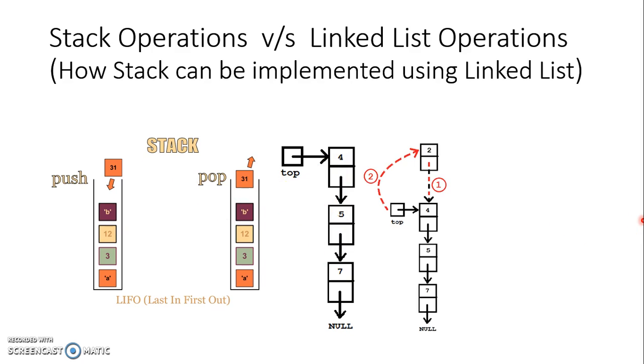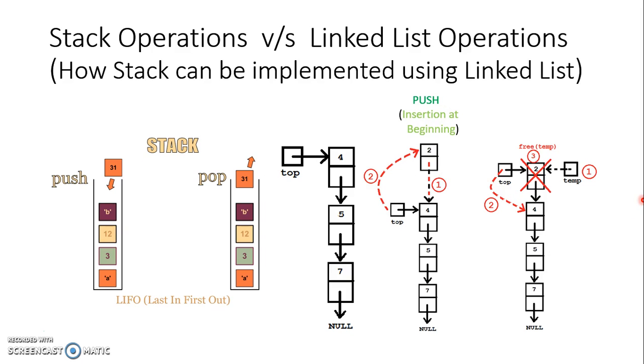If I do this insertion at the beginning, as you have seen earlier, there is a new node, and this new node is connected to the existing list, or in our case, if we consider this as a stack, we are connecting this new node to the existing stack, and then making top point to the new node, and all of a sudden this becomes the second element and this becomes the first element. And so insertion at beginning of linked list can be called push of stack.